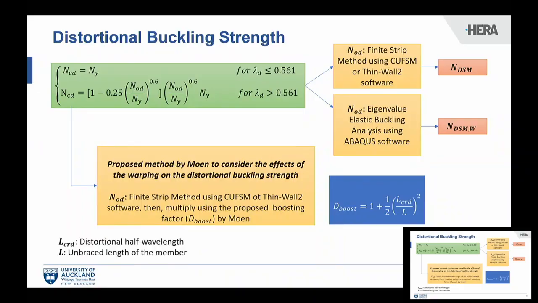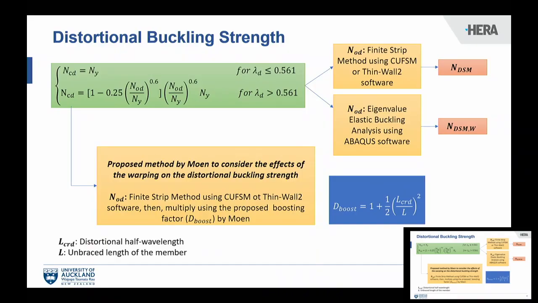And there is another well-known method that is actually specified in the appendix of the AISI, proposed by Moen. After his investigation, he developed an equation to predict the distortional buckling of the CFS cross sections when the warping is restrained.